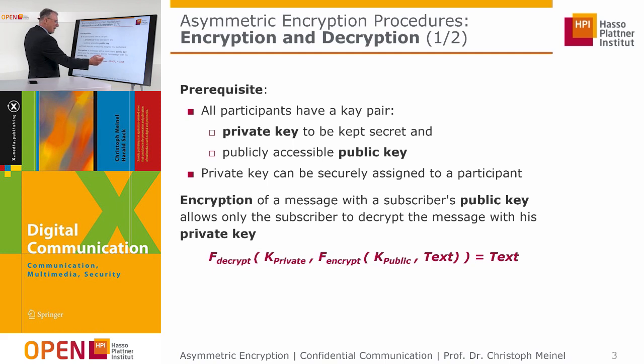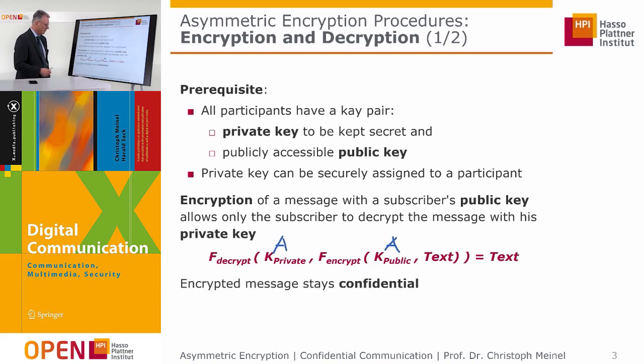So we have the text, we take the public key from Alice, we encrypt this with our function, and Alice is then able with her private key to reproduce the original text out of this encrypted message.